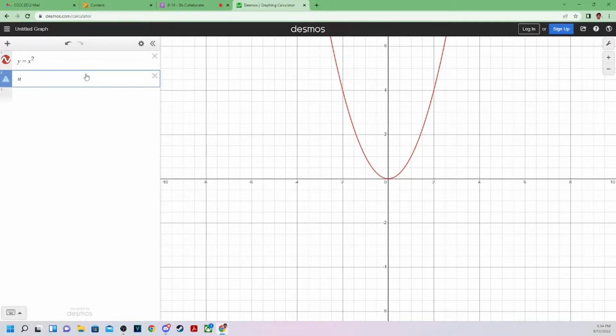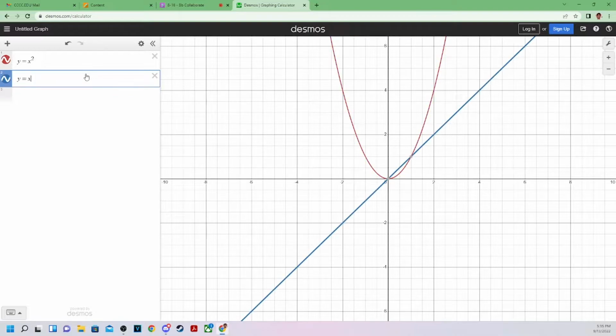If I wanted to shift my function, let's say 2 to the right, it might look something like this. Boom. It moves 2 to the right. If I wanted to move my function 2 upwards, I might have something like x squared plus 2. Boom. I'm shifting it exactly upward. This is what our shift transformation looks like.